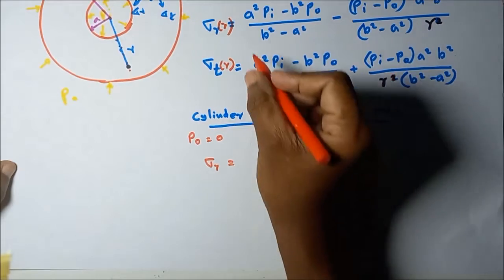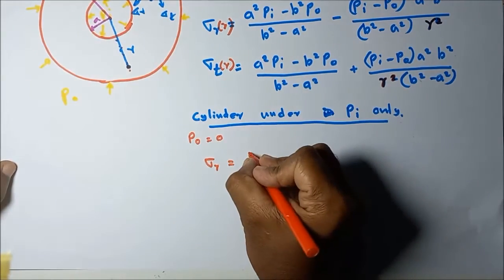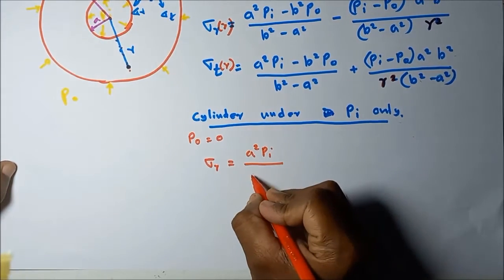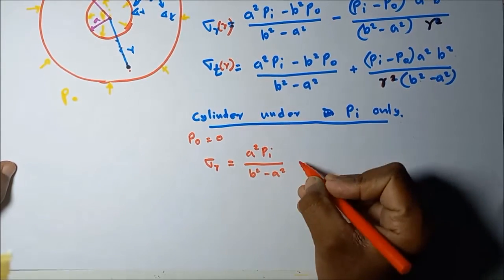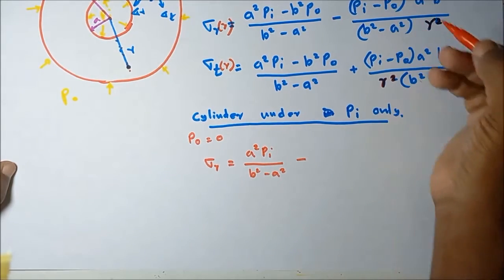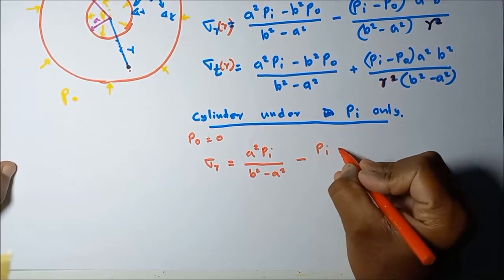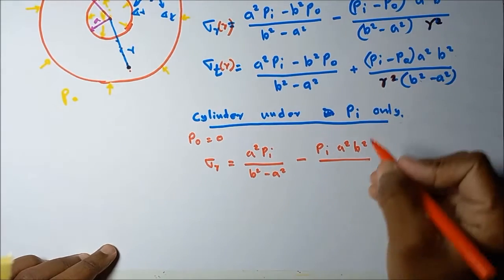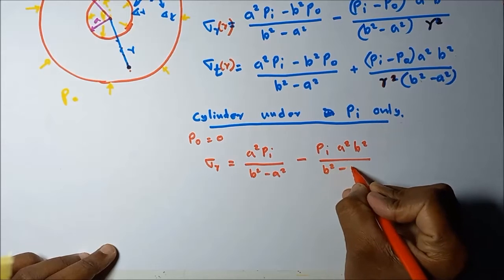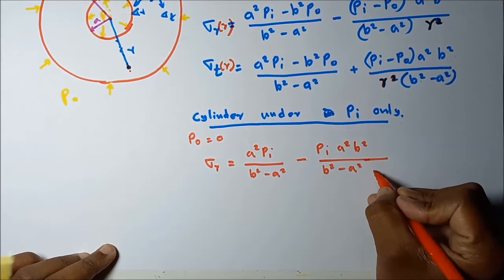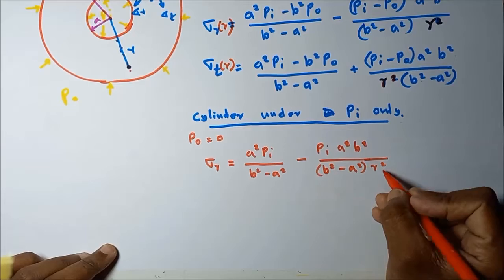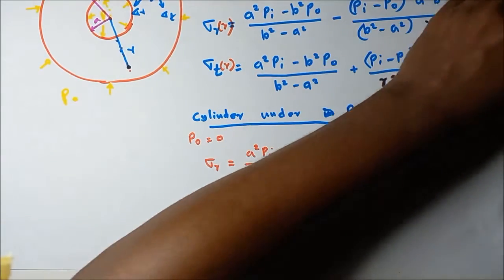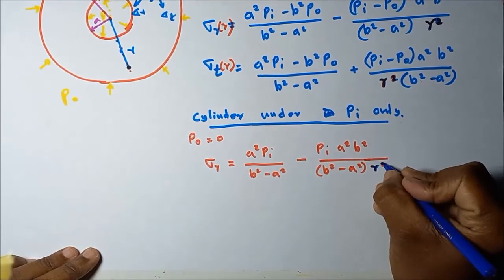Sigma r is equal to a square Pi divided by b square minus a square, minus Pi a square b square divided by b square minus a square into r square. Here r is the variable.